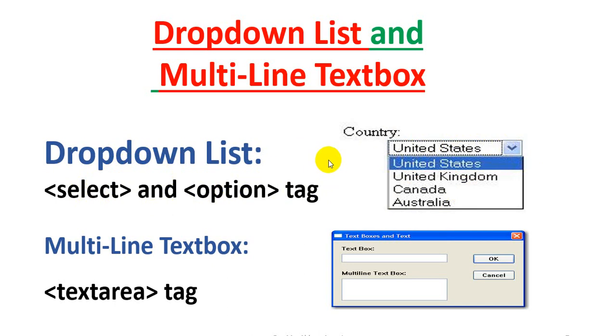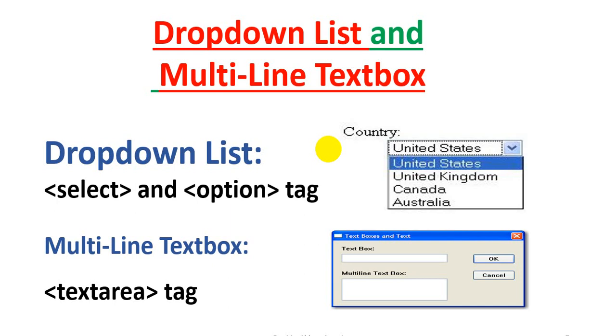Like if you want to create a table, in the table we have to use the tr tag and td tag. We can't use tr and td anywhere in an HTML page, we have to use them inside the table only. In the same way, in standard 11 you have seen the li tag, which is a sub tag of ul and ol, that is ordered list and unordered list.